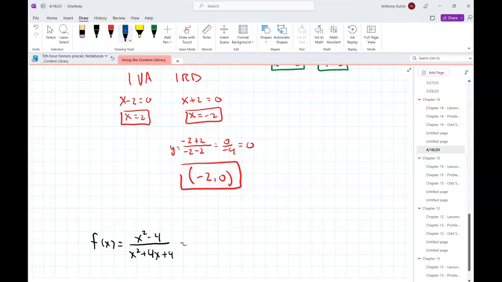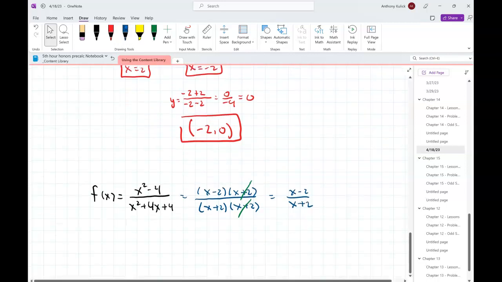Write this in blue. We already know how to factor these pieces because it's the same problem as before. We just flipped it over. So we can reduce just like we did before. So I get that, right?